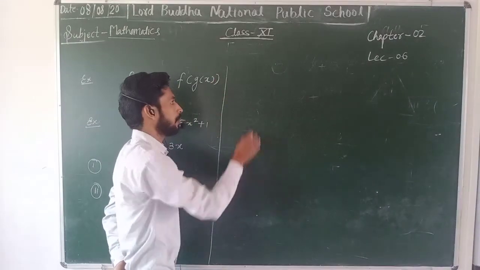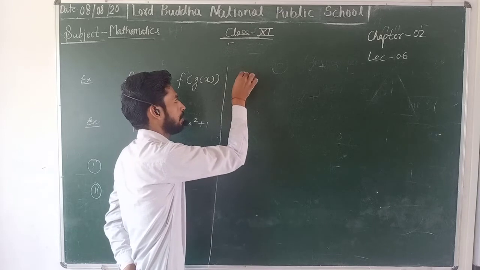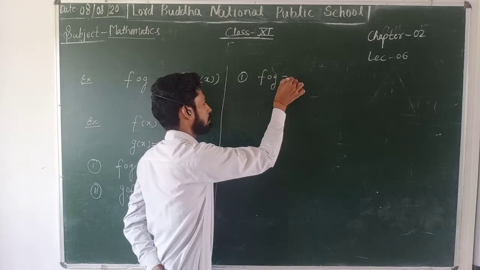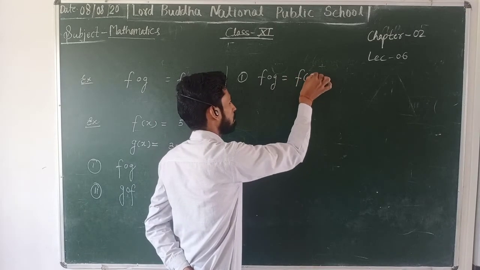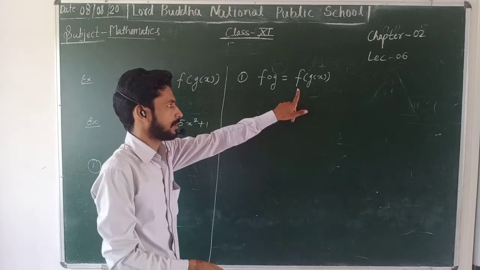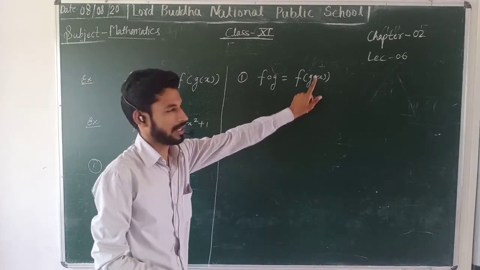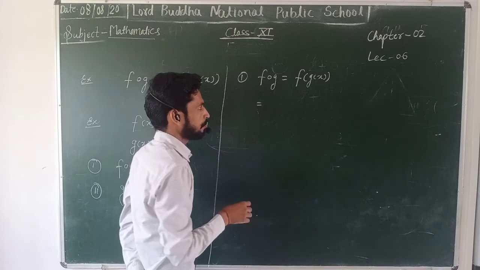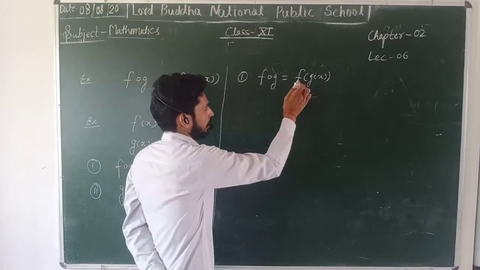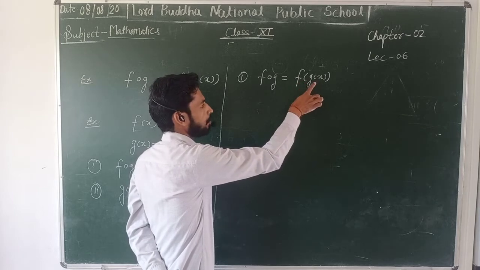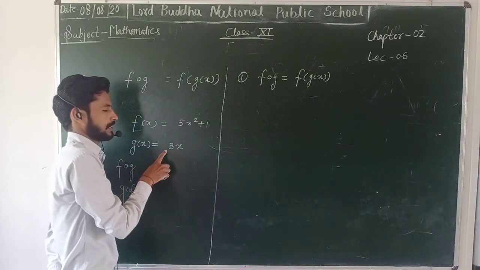So if we want to calculate the value of the first question, f of g, that means the function of the function g of x. Remember that this is the function of function g of x. So how can we solve it? First, in this function there is the outer function f and the input value is also a function.